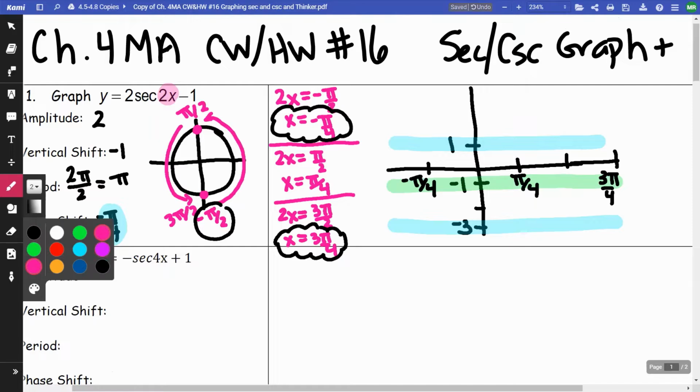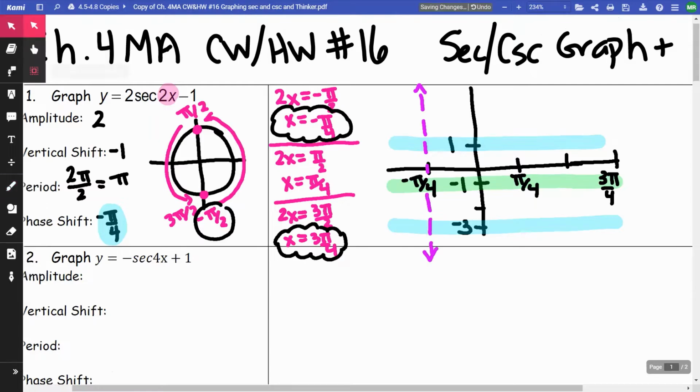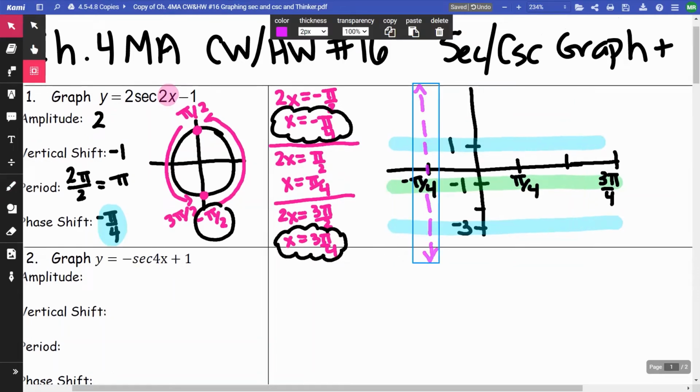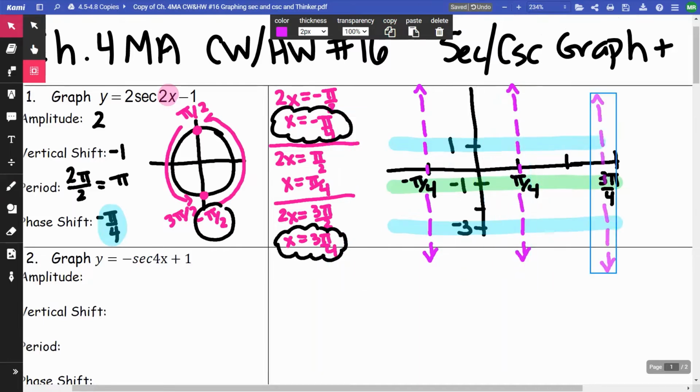So let me, I'm going to take that, see if I can just grab the purple. And I'm going to have one at pi fourths. And I'm going to have one at 3 pi fourths.